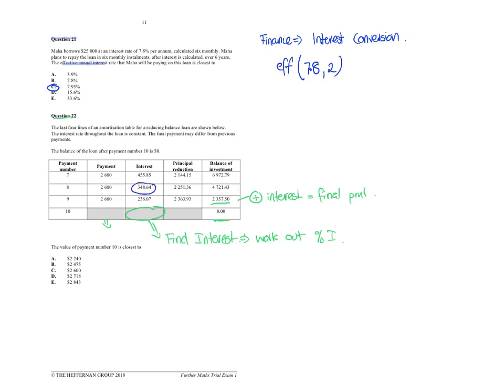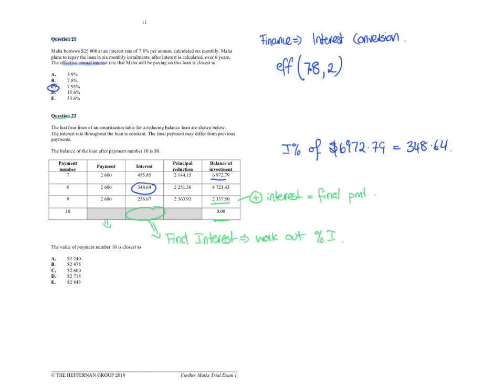The balance before, which was 6972.79, gave me interest of 348.64.